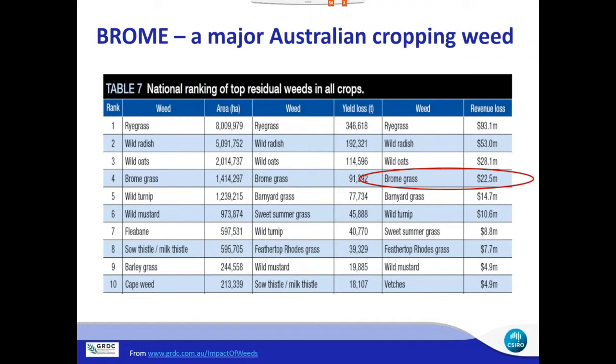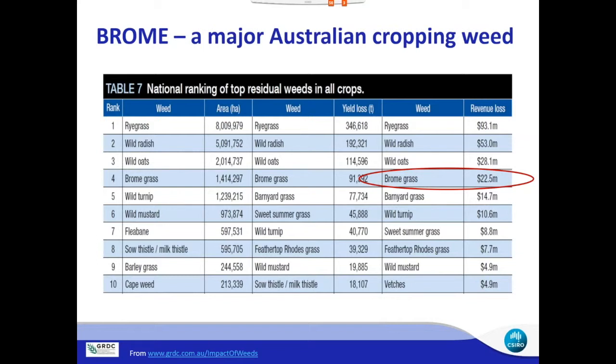So it is really being listed as a major weed by a lot of farmers covering a lot of Australia, and it probably hasn't received the attention that a lot of other weeds have, mainly because there's still not a huge amount of herbicide resistance affecting brome grass, particularly in the low rainfall areas, but it's becoming a major weed because of some of these other systems changes that are really favouring it, such as the shift to no-till seeding practices and such things.